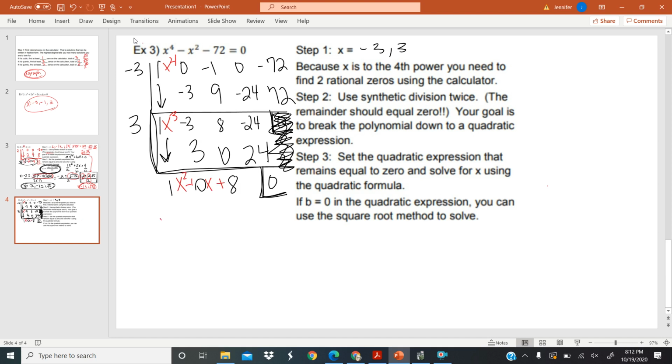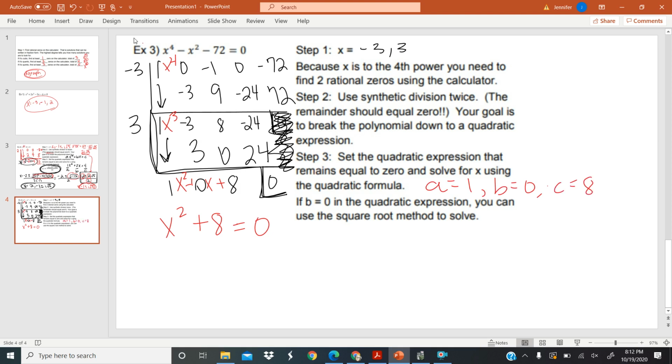If I wrote that out, it would be x squared plus 8, and we're still setting that equal to 0. You can use the quadratic formula if you want to, where you would have a equals 1, b, since there's no x term, would be 0, and c would be 8.